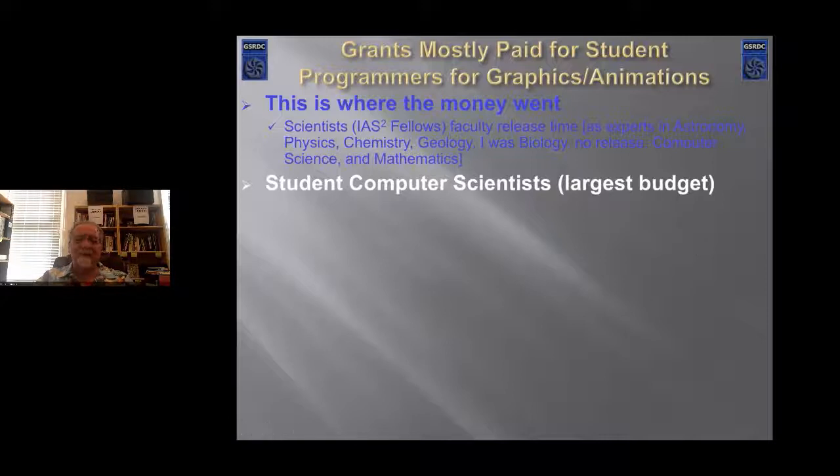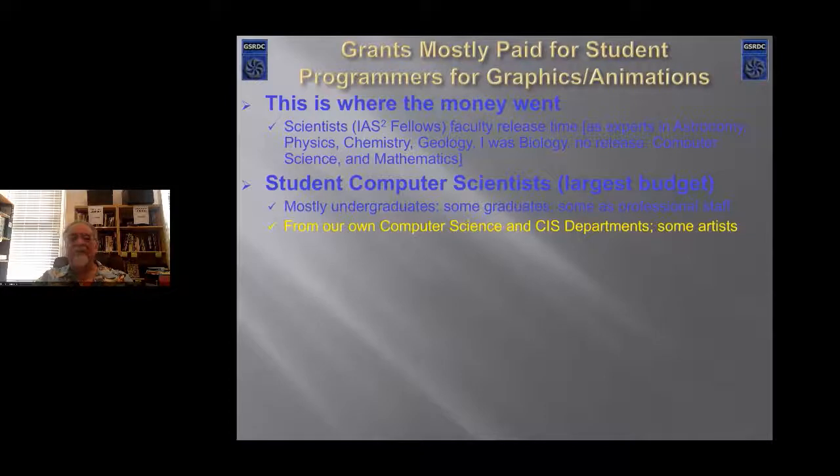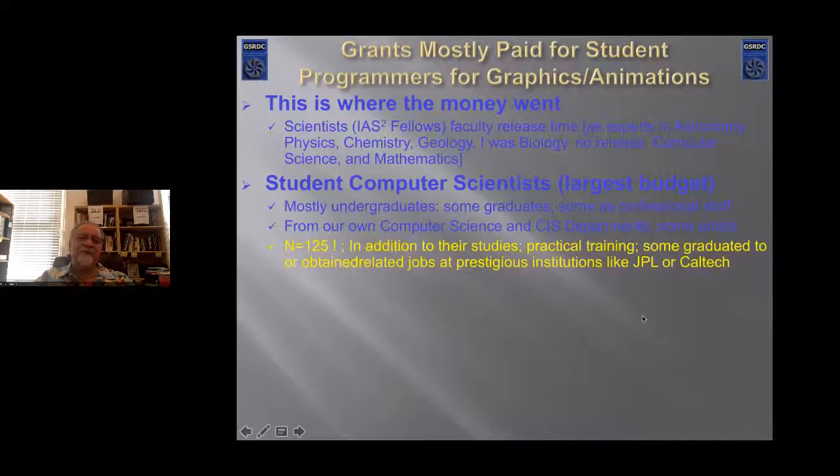They're all retired now. But the largest part of the budget went to student computer scientists. They were mostly undergrads, some grads, some actually became professional staff whose full salary I actually paid. They were from our own computer science and computer information systems departments. The former is in the College of Science. This is in the College of Business. And then some additional students who are artists. Altogether, about 125 of them.